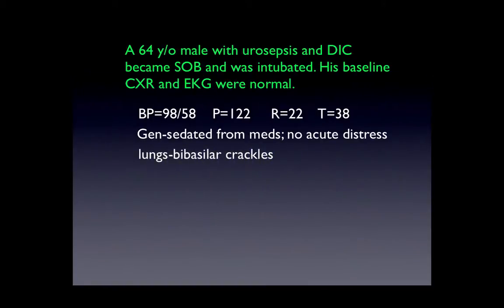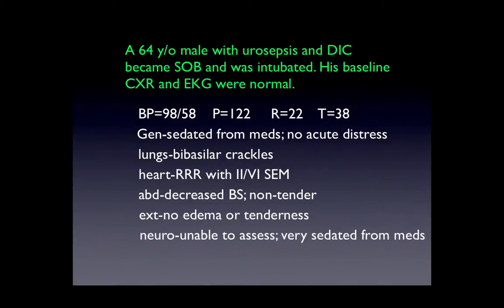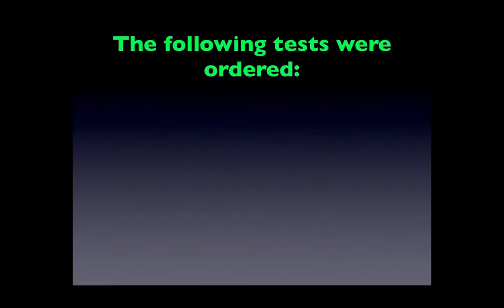His lungs are remarkable for bibasilar crackles. His heart has a systolic ejection murmur. His abdomen has decreased bowel sounds and is non-tender, bearing in mind, however, that he is sedated from medications, making the exam somewhat difficult. Extremities are within normal limits, and likewise for his neurological exam, there are no focal deficits, but he is very sedated from medications, and again, the complete exam is somewhat difficult.